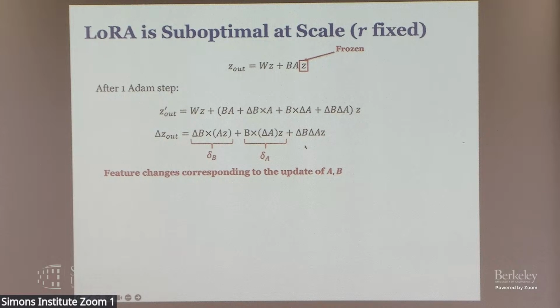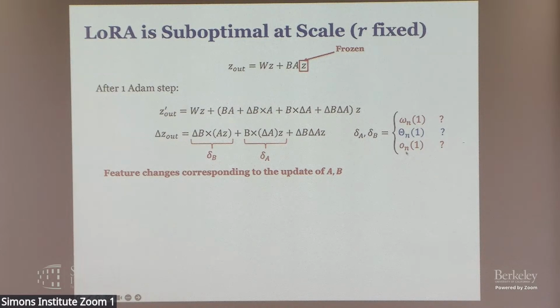So now with this, we can ask the same question that we asked when we talked about the initialization scheme: what happens to this delta A and delta B as the width grows? We fix the LoRA rank r, take the width to infinity, and ask what happens to these feature updates, delta A and delta B. Similar to what we saw for initialization, you don't want this to explode, you don't want it to diverge as n grows.